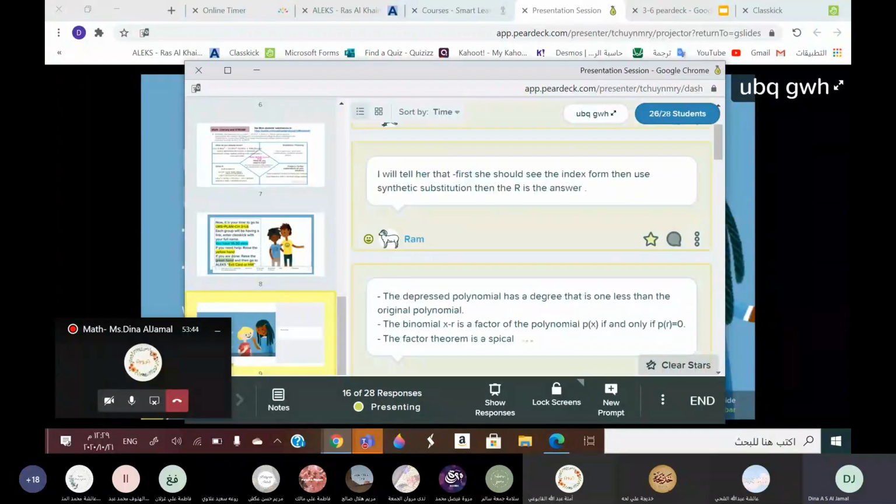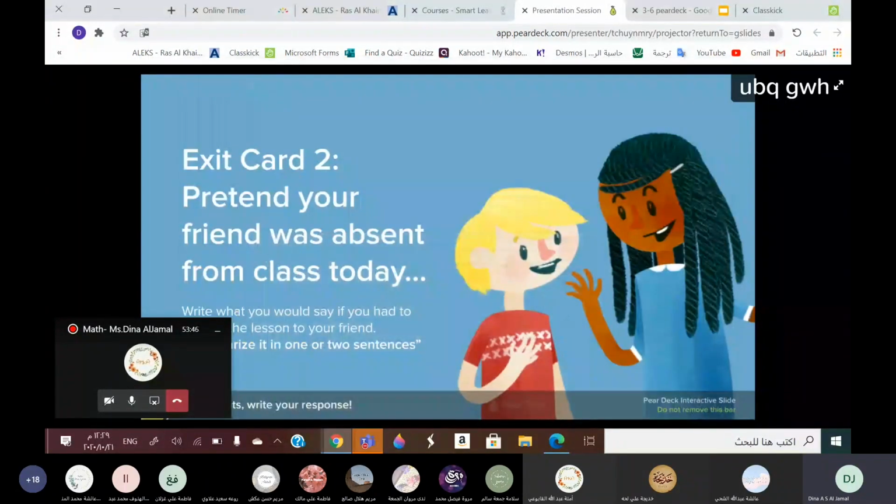Okay. Now, let me take two students. I will take Aisha and Marwa. One time Aisha will pretend that Marwa is the absent girl, and then the opposite. Aisha, pretend that Marwa is absent and explain for her only one piece of information.